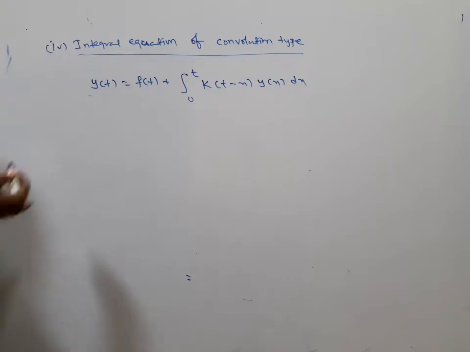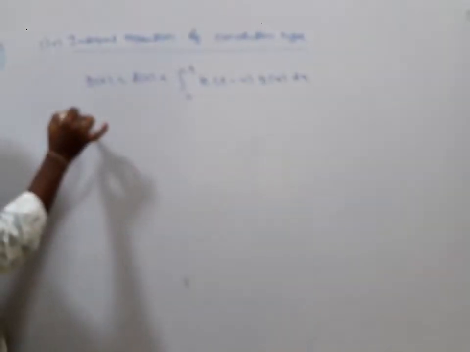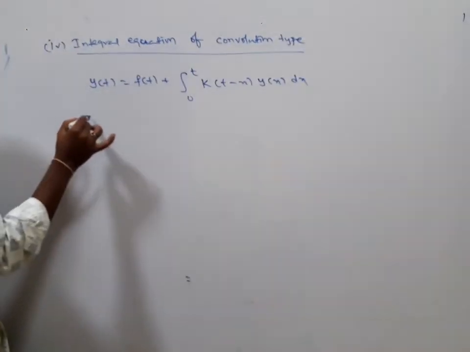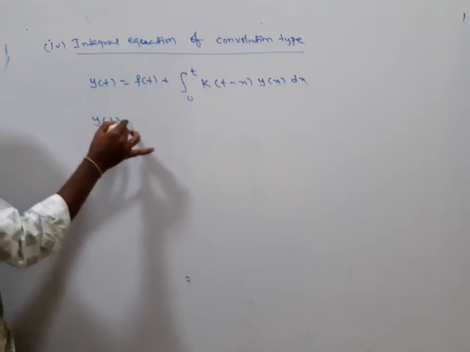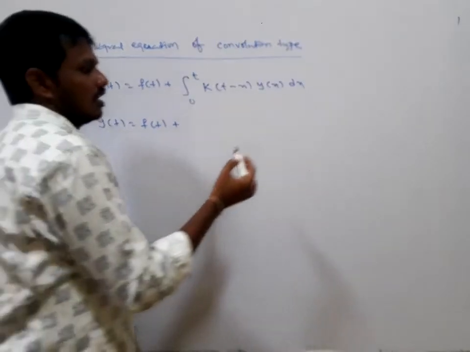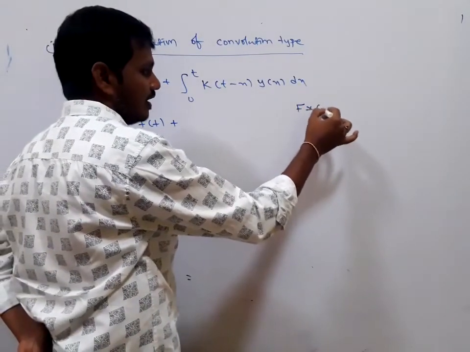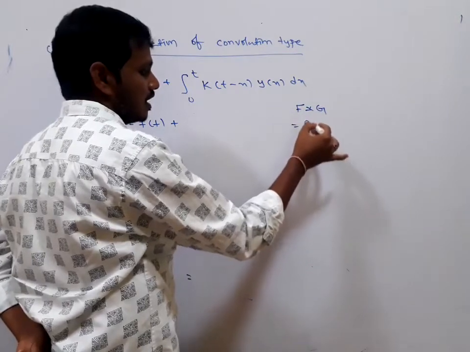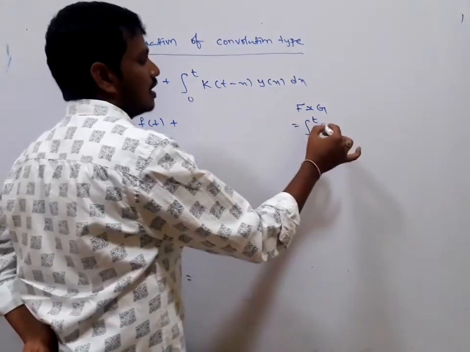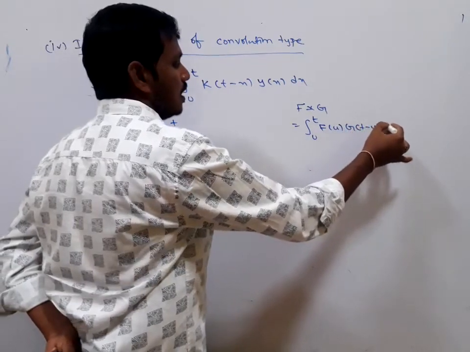Now using the definition of the convolution, we rewrite the equation. You know the definition of the convolution: f star g is equal to the integral from 0 to t of f of u g of t minus u du.